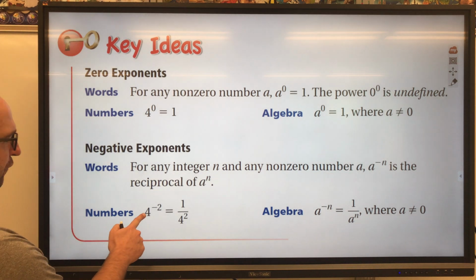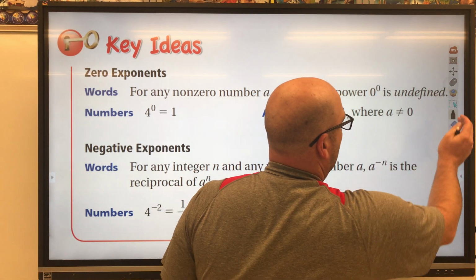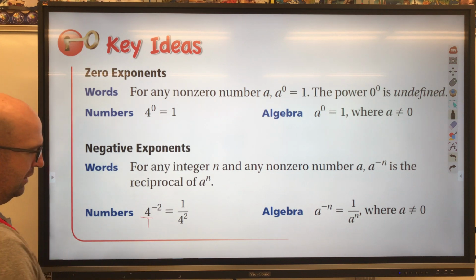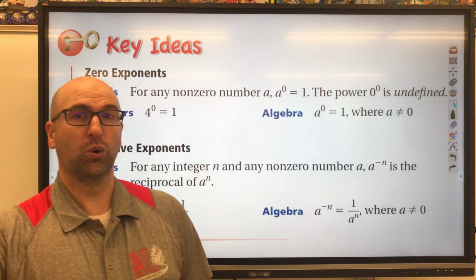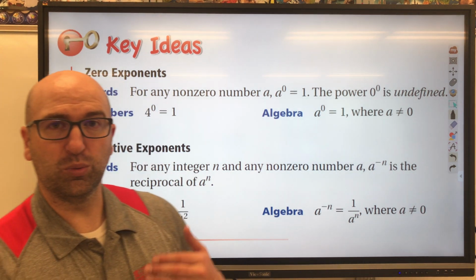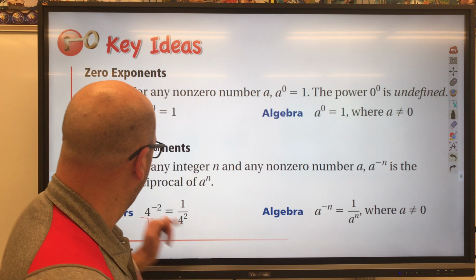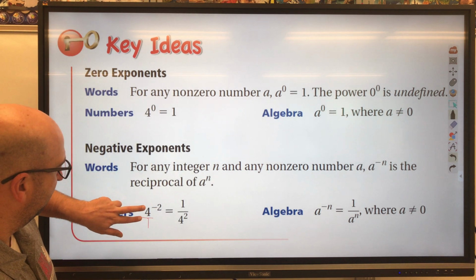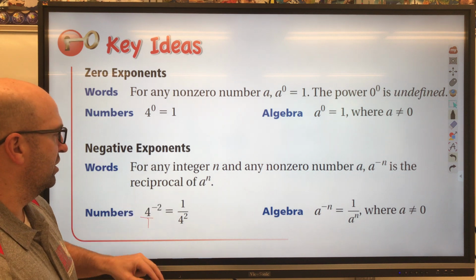So we have the whole number 4 here, but the whole number 4, technically as a fraction, is written as 4 over 1, because 4 divided by 1 is 4. So to write this as the reciprocal of 4 to the negative 2, we take the reciprocal and we flip it, so we're going to put a 1 up at the top.